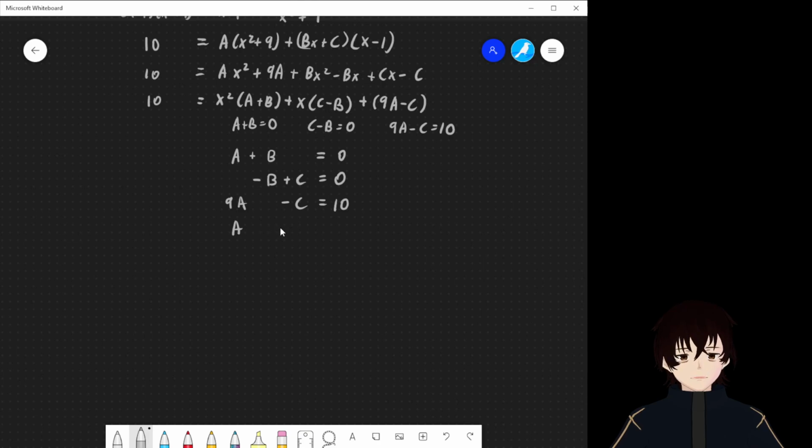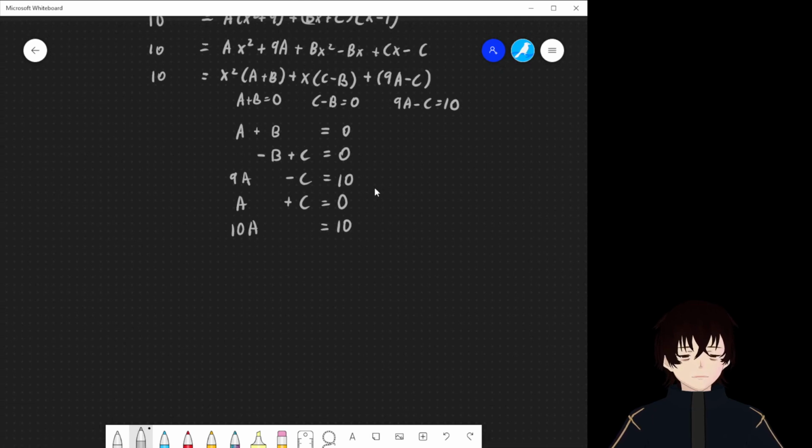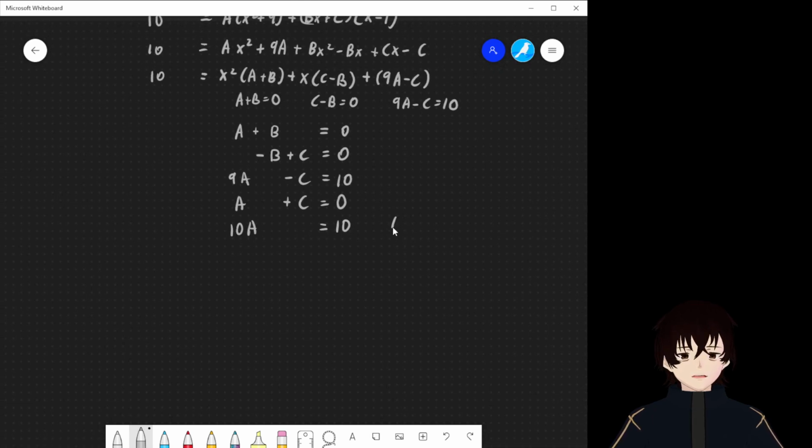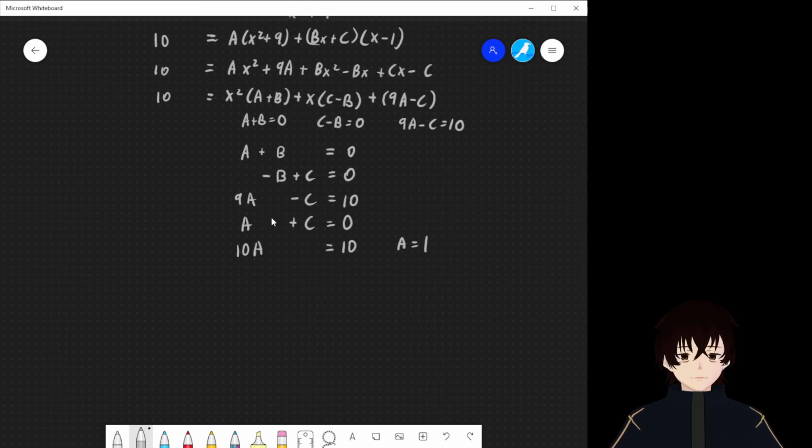A plus C is equal to 0. Add these together, 10A is equal to 10. Therefore A is equal to 1. Now we need to solve for B and C. How would I go about doing that?